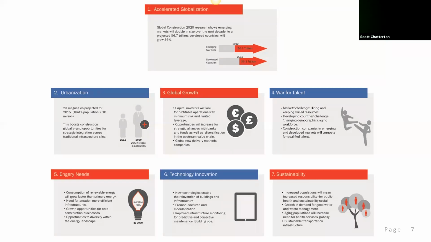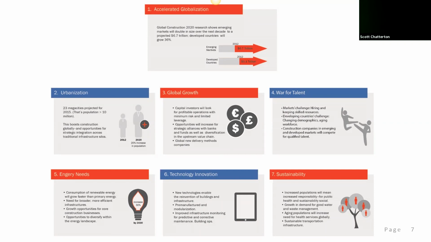Urbanization: globally, as opportunities start to focus in certain areas, we've seen an increase in population. So the demand for effective and efficient housing has increased. We've seen that in certain areas of Europe, and even in North America now with the centralization of our cities.